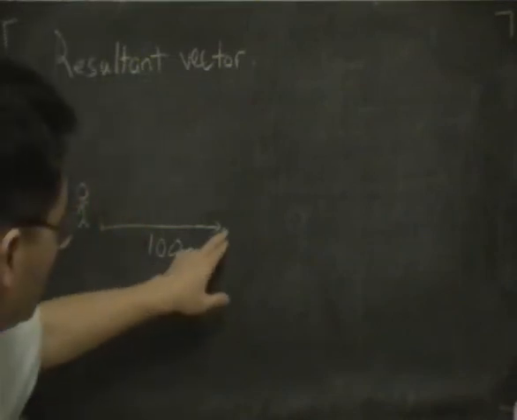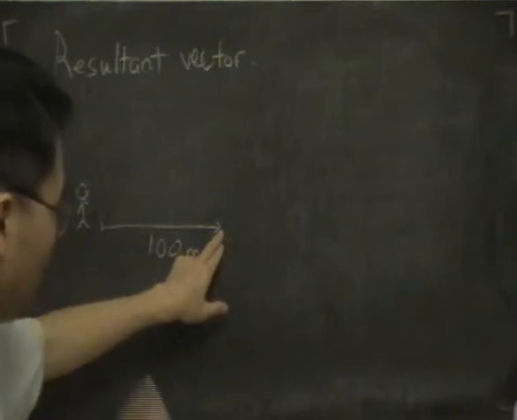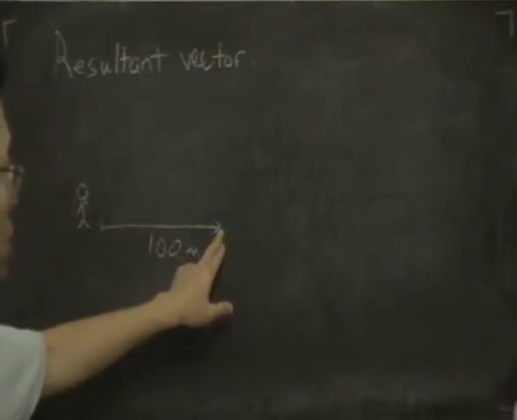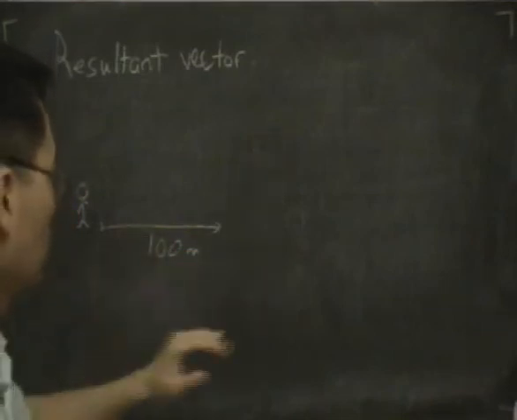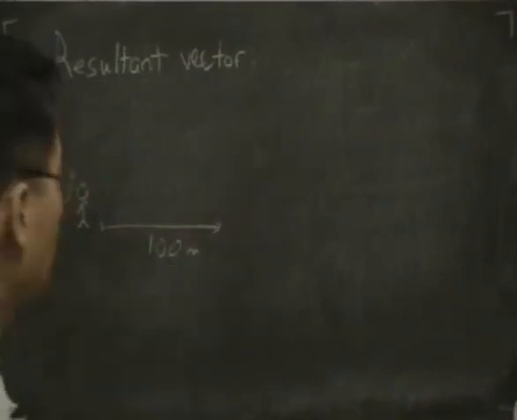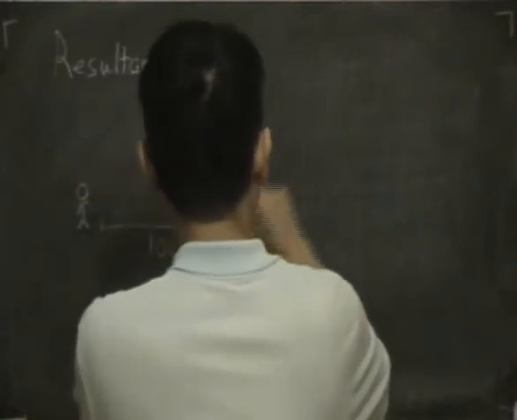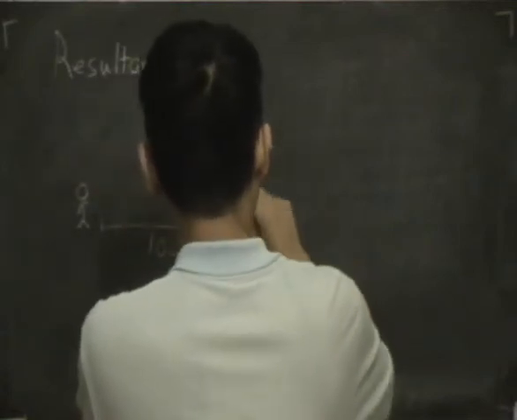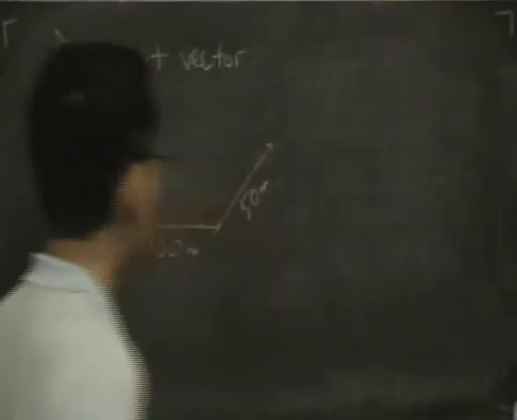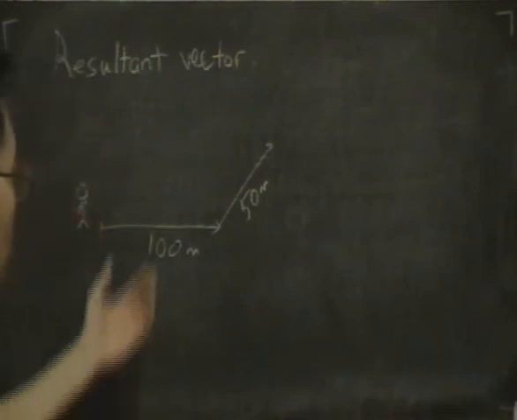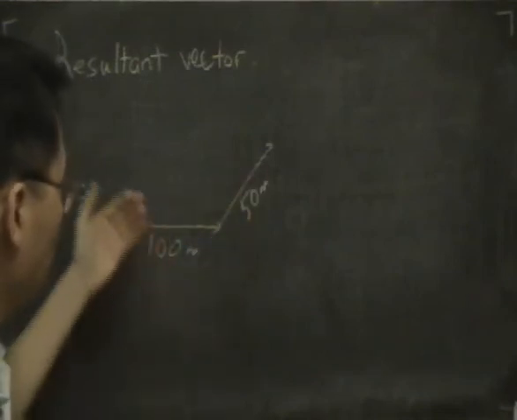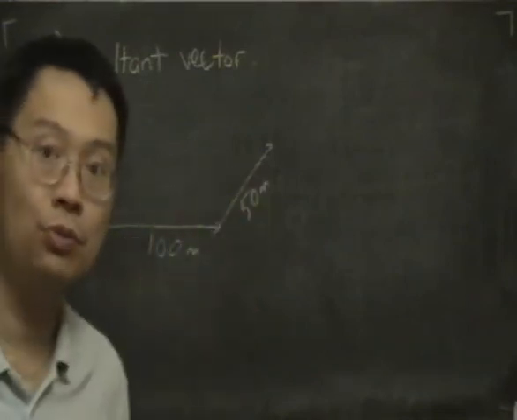Now, suppose that she then turns and goes northeast that way for another 50 meters. So what does it mean by the resultant, or what does it mean by adding those two vectors?